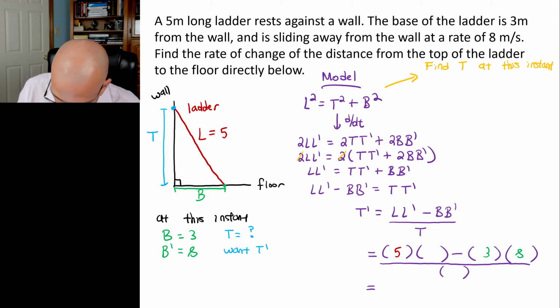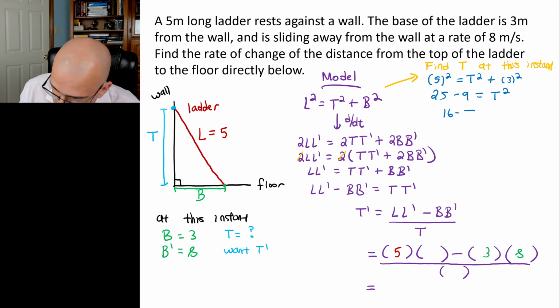So L squared, 5 squared equals T squared plus B squared, so plus 3 squared. 25 minus 9 is equal to T squared.